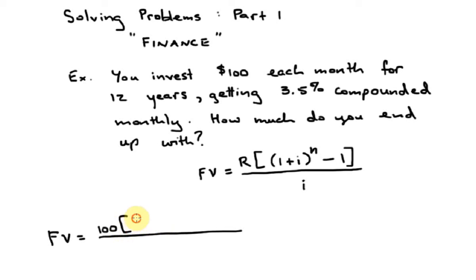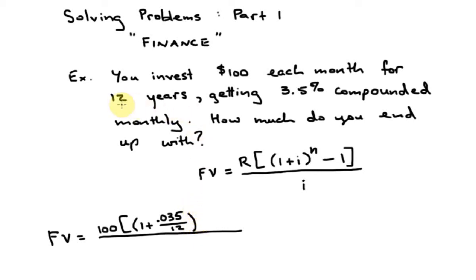Then in the brackets here, we have 1 plus, because it is growing, and then our interest rate is 3.5%. But remember, it's compounded monthly. So what you've got to do here is go 0.035 and divide that by 12. Okay, so that's that.